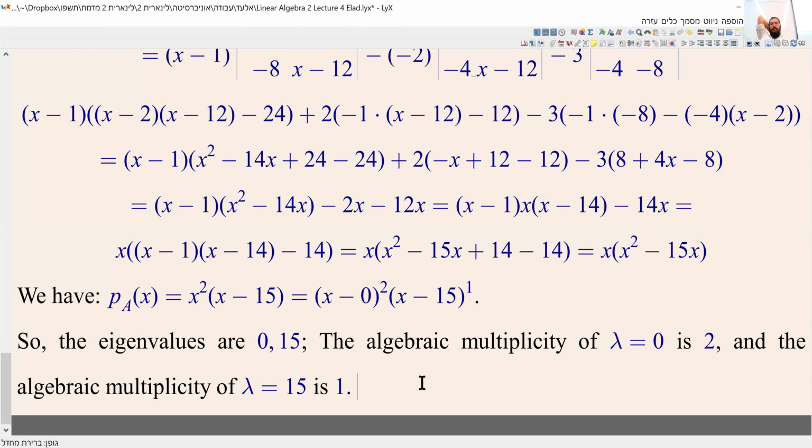The algebraic multiplicity is the power of the x minus lambda in the characteristic polynomial. Any questions about the algebraic multiplicity? So the geometric multiplicity considers the question.